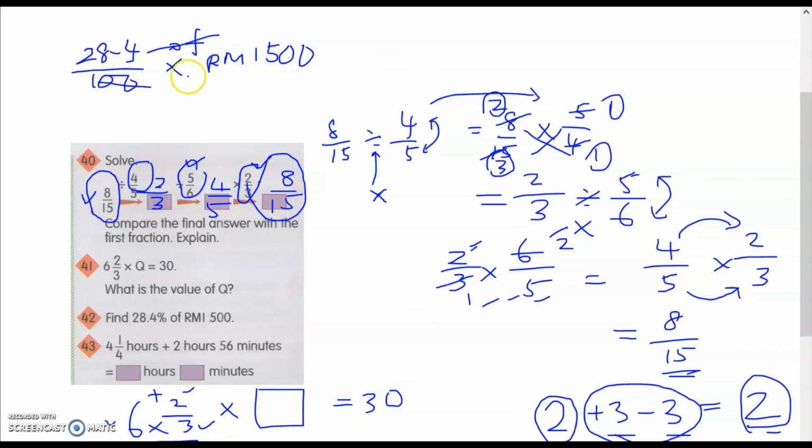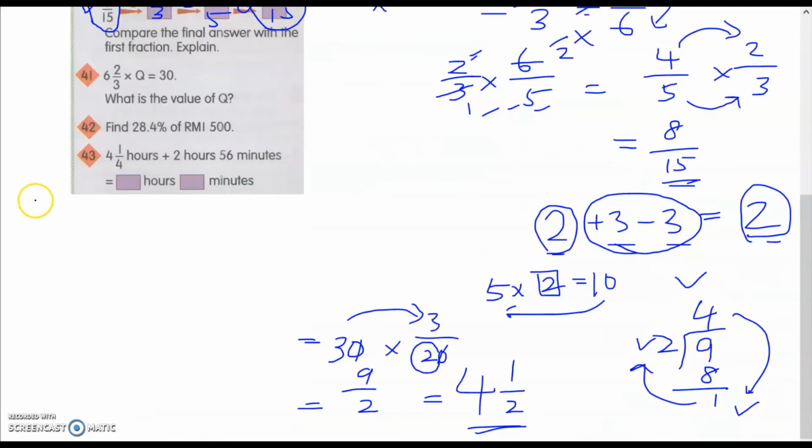So you cross two zeros here, you cross two zeros here. And then you take 28.4 times 15. 28.4 times 15, you get 426 ringgit.